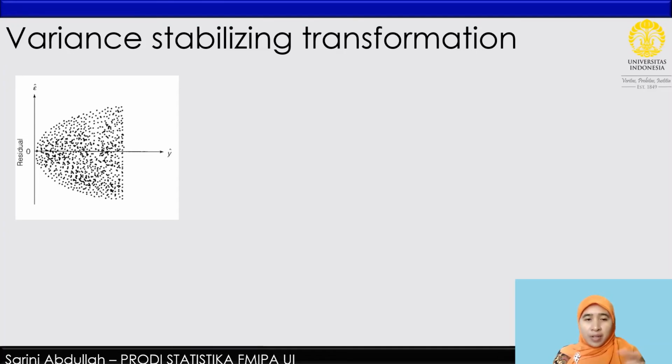I mean that if you look at the previous videos, when we were detecting lack of fit, usually we did the transformation for the predictor variables, but in here, for the variance stabilizing transformation, it is needed for the response variable.